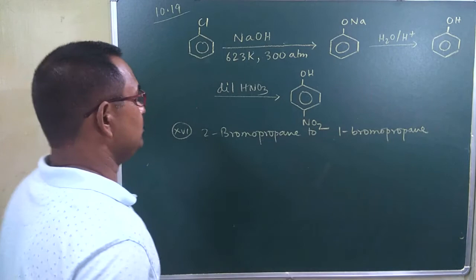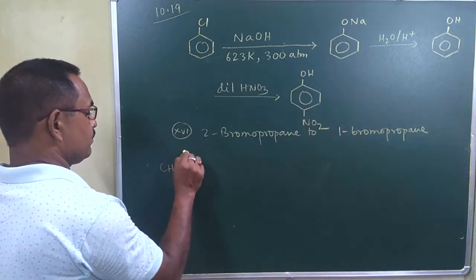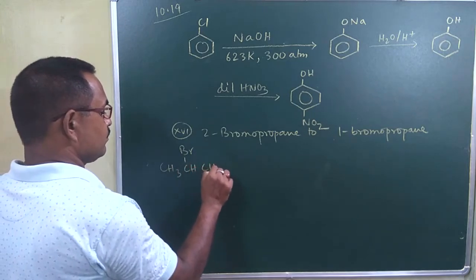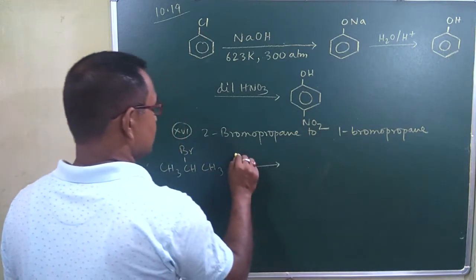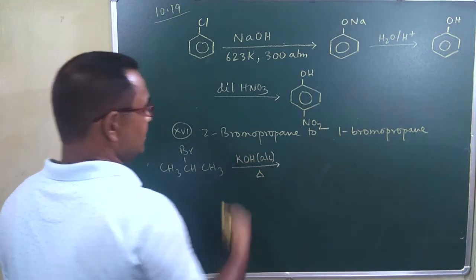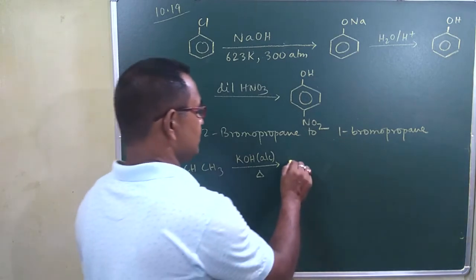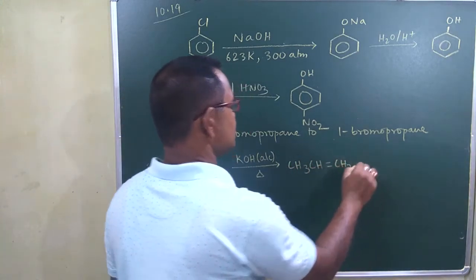2-bromopropane to 1-bromopropane. This is 2-bromopropane. You carry out dehydrohalogenation reaction to prepare propene. This is propene.